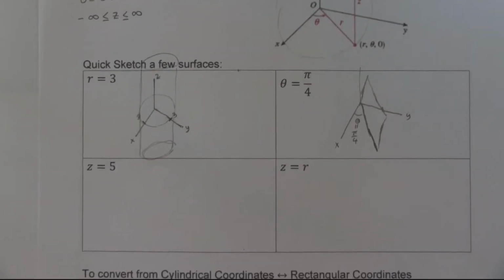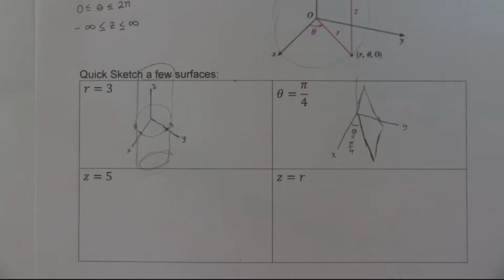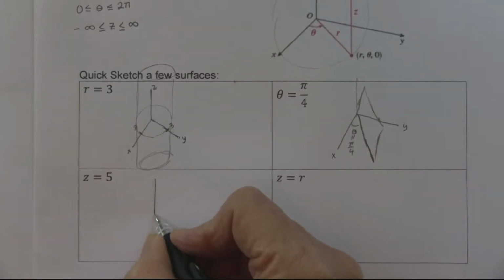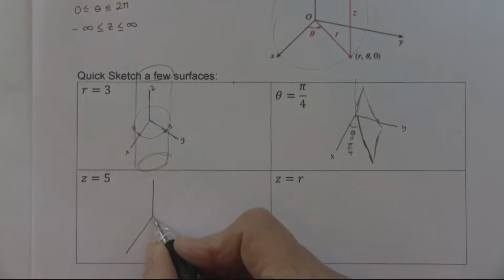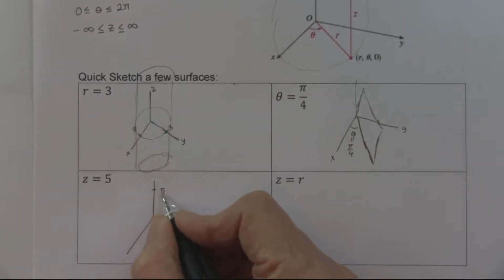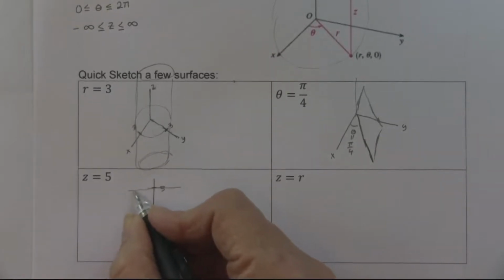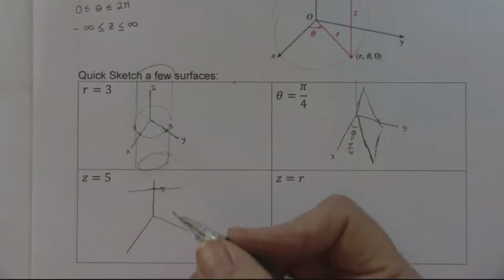Then z equals 5. So just thinking about z equaling 5, that means that up here at a height of 5, I think we already had drawn things like this. It's just a plane, right? And so at a height of 5, I'm just having a plane.